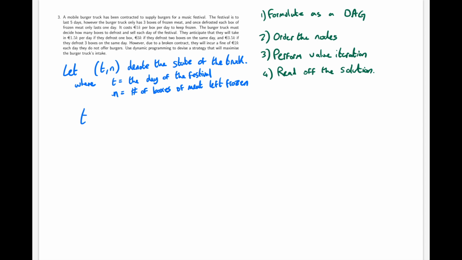Well, T, the day of the festival, has 3 days. So we can be at the start of the festival, day 0, where we know we have 3 boxes left, day 1, day 2, and day 3. N then is the number of boxes. We could have 3 boxes, 2 boxes, 1 box, or 0 boxes. There's no other options.